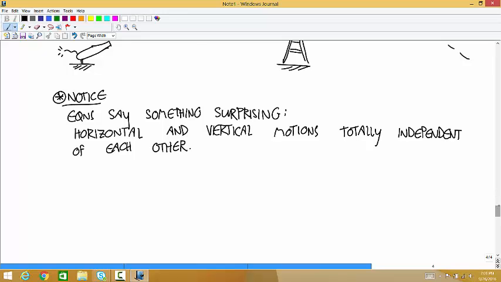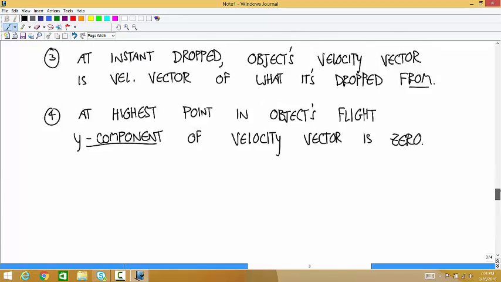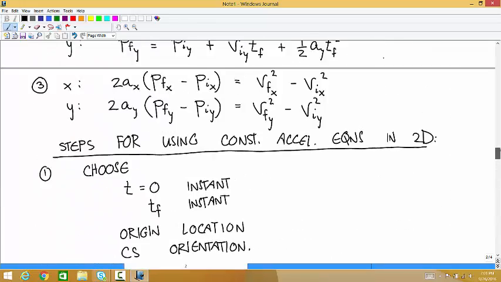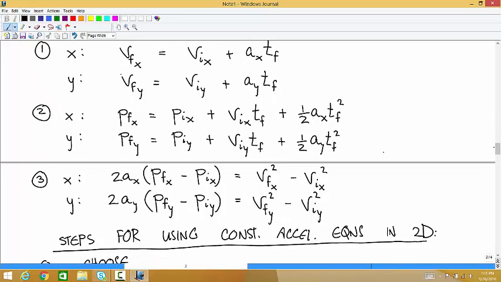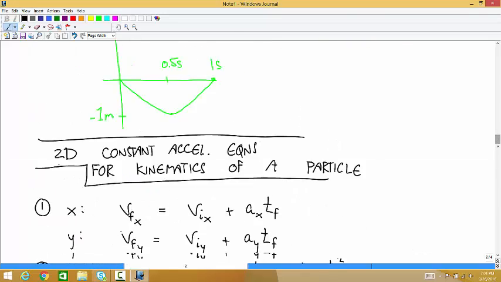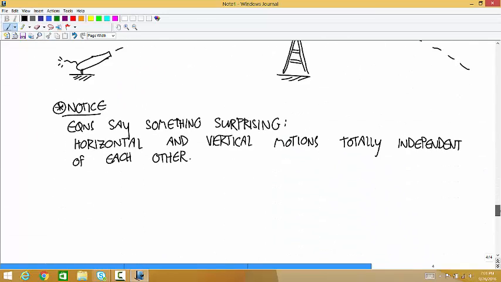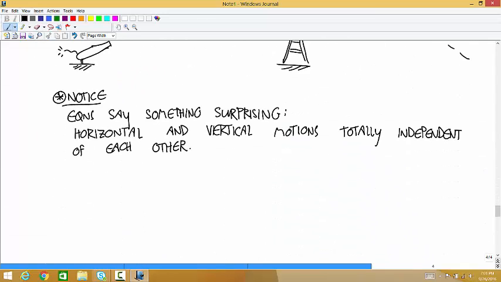If you look at these equations, where I'm getting that from is that there's no equation that has both an x component of something and a y component in it. They're totally separated into their own equations. And that leads to some really weird things.